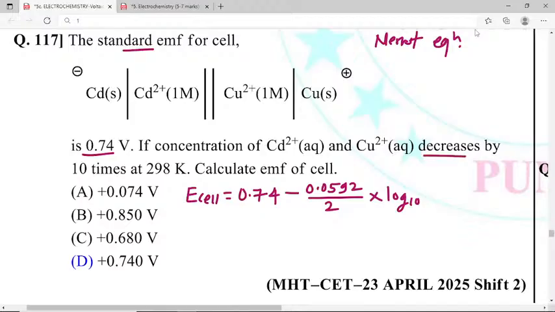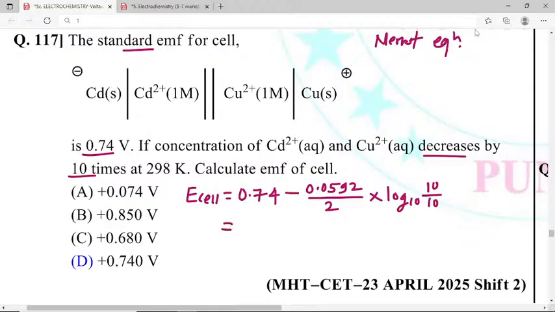Decreased by 10 times. So this is 1 by 1. Okay, 10 by 10 goes, 10 by 10. Decrease by 10 times, 10 by 10 is the value 1.